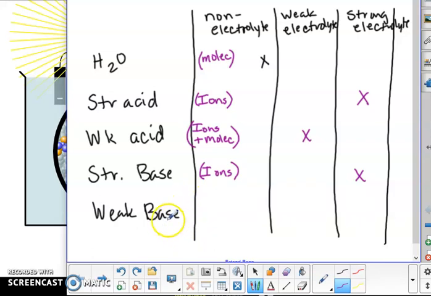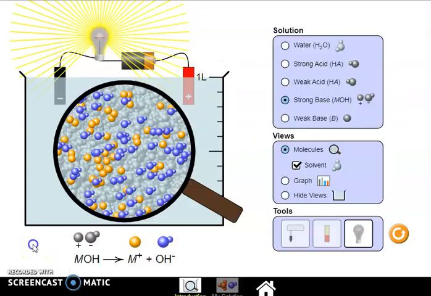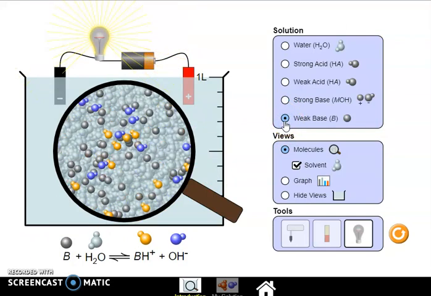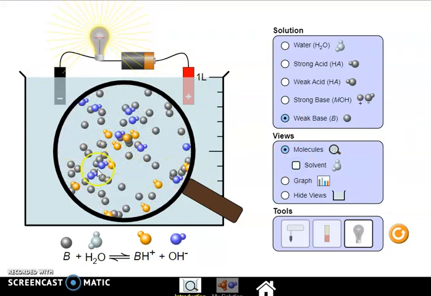Can you make a prediction on where the weak base would be? I bet you can, but we're going to do that right now anyway. Here's a weak base. Ooh, a lot fewer ions in there. Wow, look at that. There are so many molecules of the actual base in there, and there's no charges with those. That explains why there are fewer ions with a weak base, so less electricity goes through.